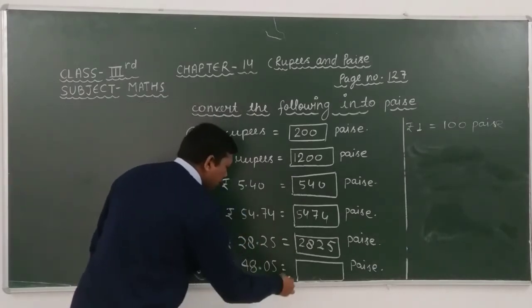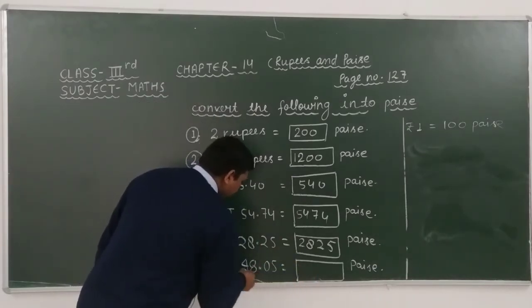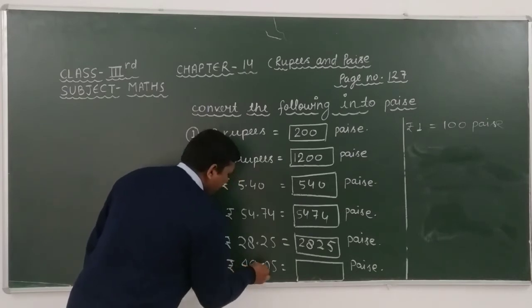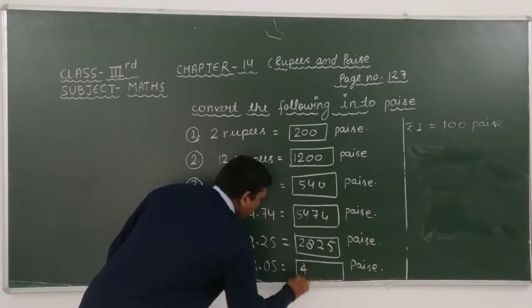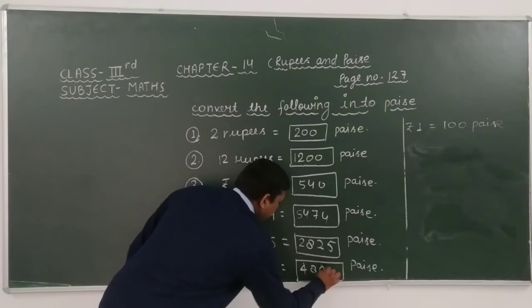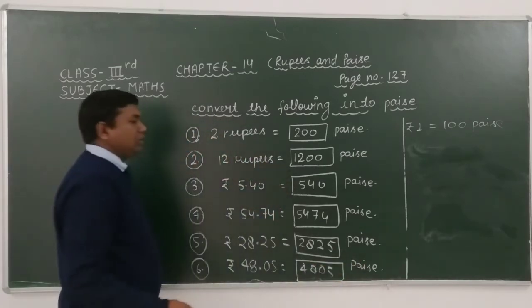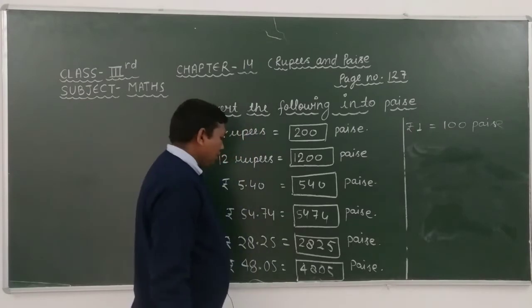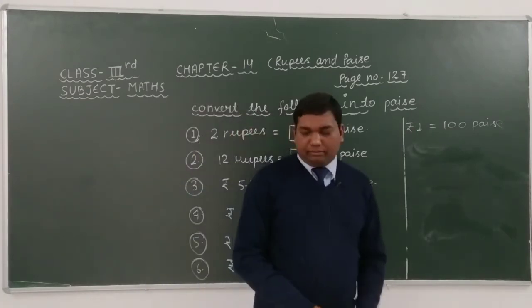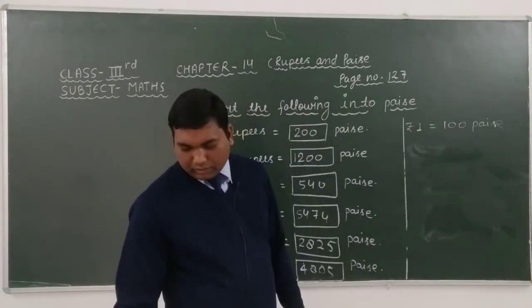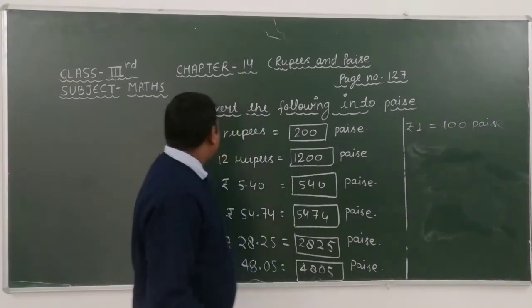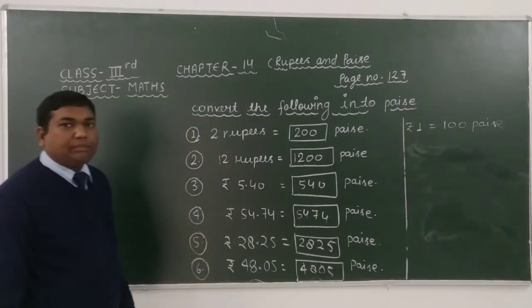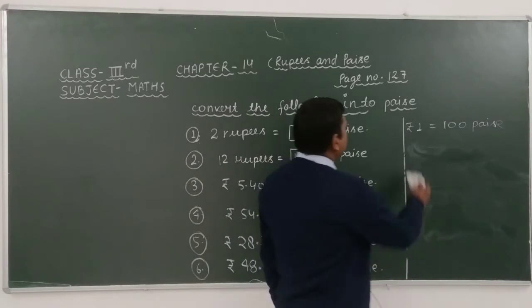Therefore rupees 48.05 is equal to 4805 paise. Understand? Please write this in your math book. If you have any doubt in this question, please ask me on my personal WhatsApp number. Now read this.